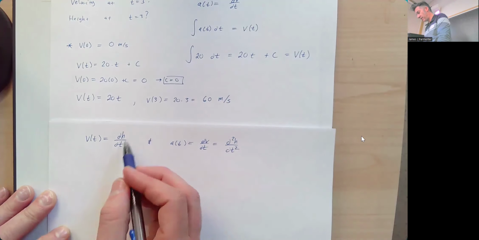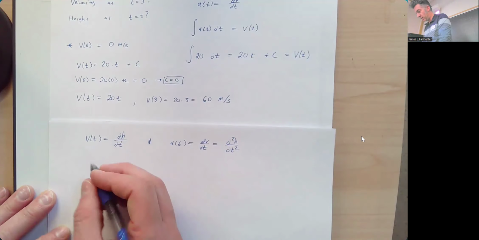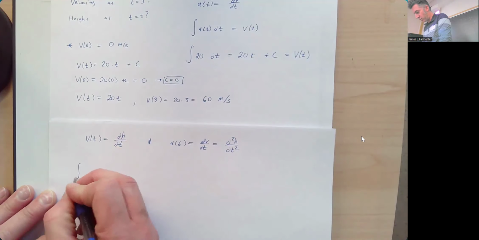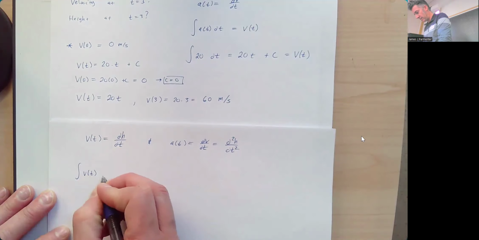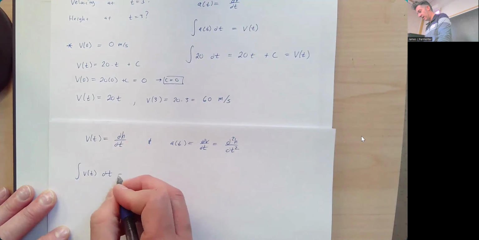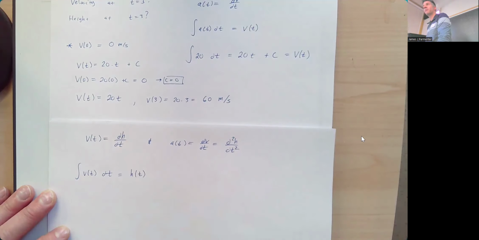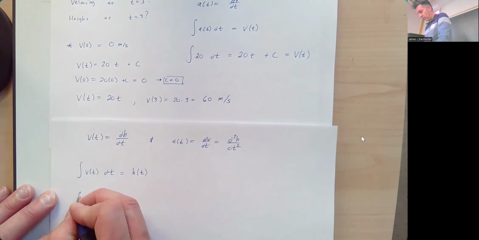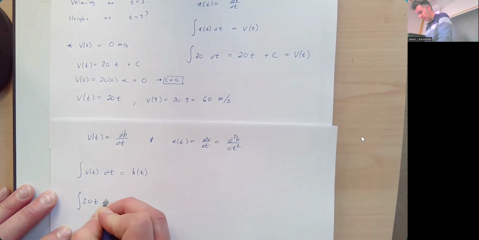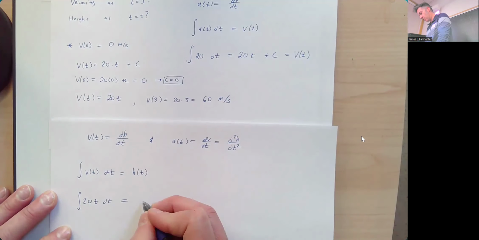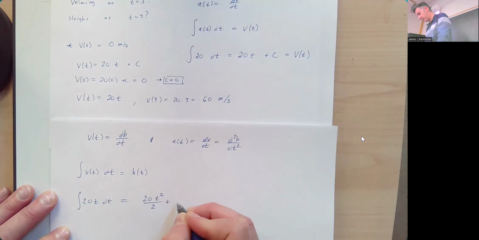Anyway, to find the position h of t, we're going to have to anti-differentiate both sides. The antiderivative of velocity is the position or the height. So I'm going to integrate 20t, or anti-differentiate, and I'm going to get 20t squared over 2 plus c.